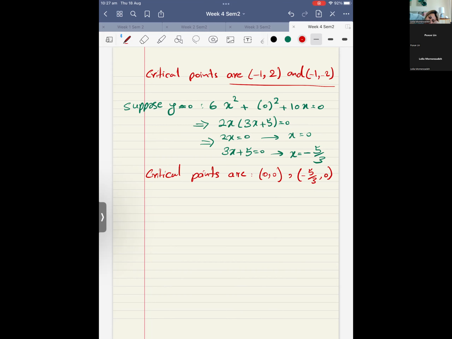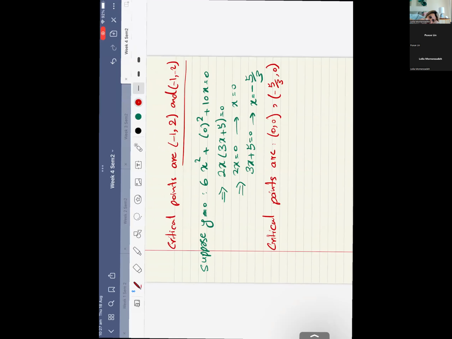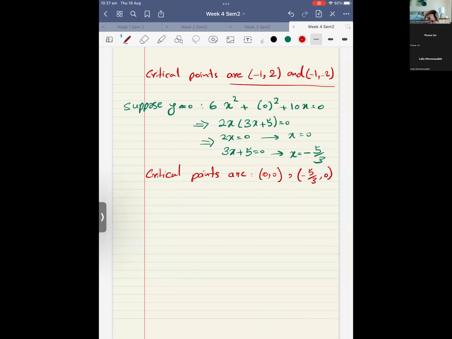Okay, we can say that for this function, in total we have 4 critical points.